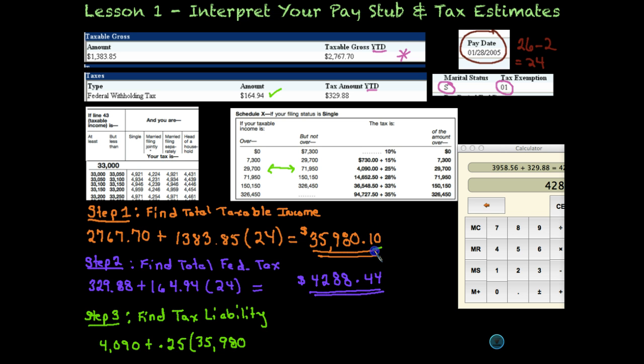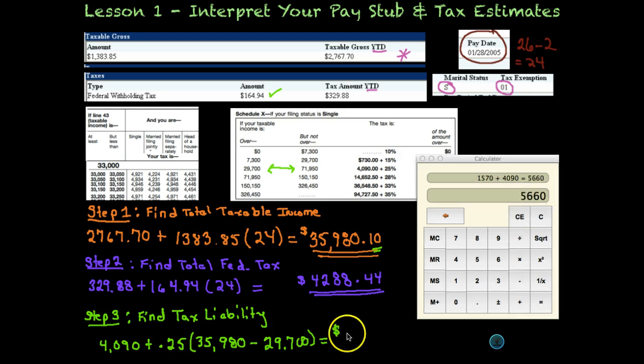I'm going to leave off this 10 cents. It's immaterial and insignificant. And then I'm going to subtract the $29,700. Okay, in my calculator I'm going to subtract these, multiply by 0.25, and then add 4,090. When I do that, I get a tax liability of $5,660.